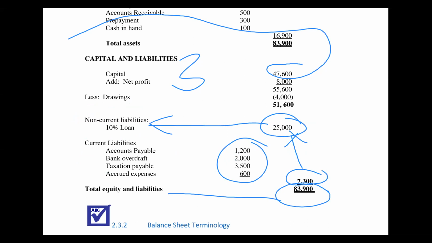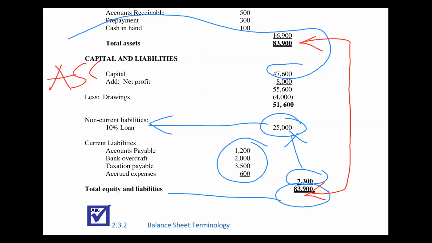If you have observed, you can see that this is now equal to that. What we are trying to do is to obey the accounting equation, which says that total assets are equal to total equity plus liability.